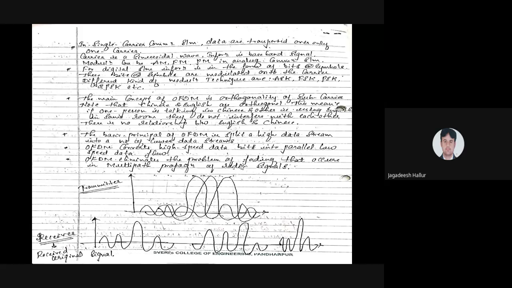That fading is avoided in OFDMA. This technique mainly depends on multipath propagation. Multi means many signals coming from different users through propagation of light, sound, and waves. This is the concept of OFDMA.